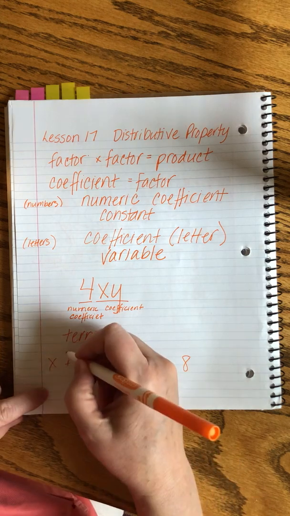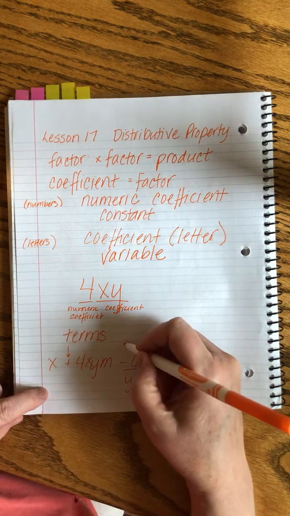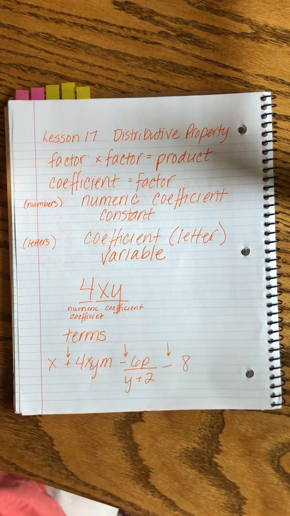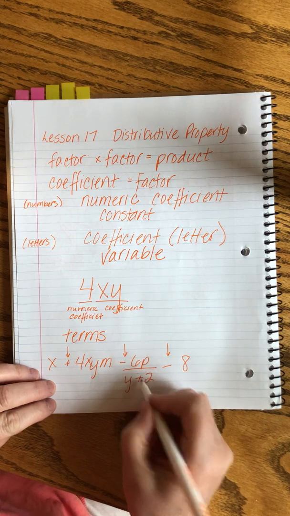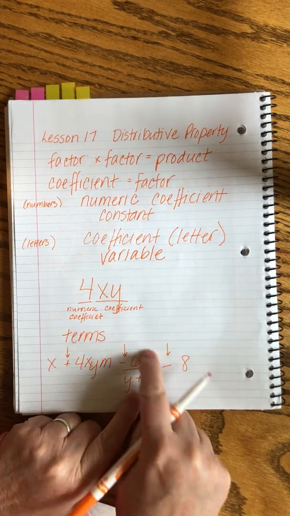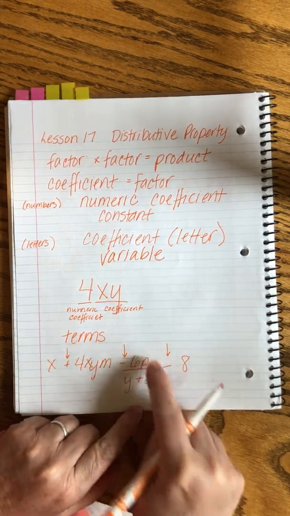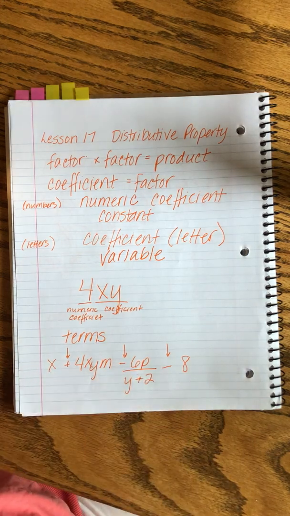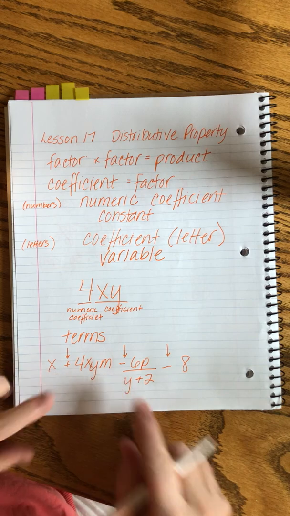But the important part with terms are the plus and minus signs. The plus and minus signs show us the breaks in between the terms. Now, that gets confusing because, for example, this has a plus, but that's a plus within the term, right? The breaks between the terms, you can kind of see with your eye if you just look at it.